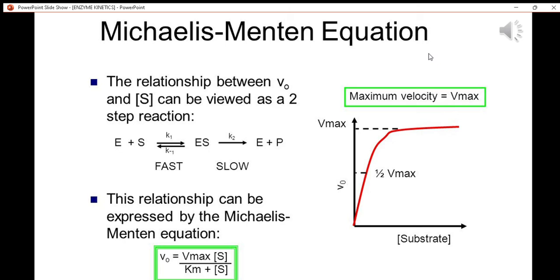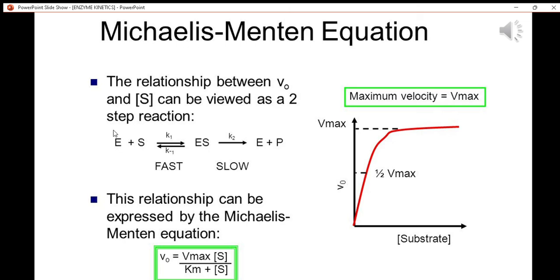During the course of an enzymatic reaction, as you can see in the equation, the enzyme and the substrate come together with a constant of K1, and an enzyme substrate complex is formed. The enzyme substrate complex has two fates. It may either be converted back into free enzyme and substrate.